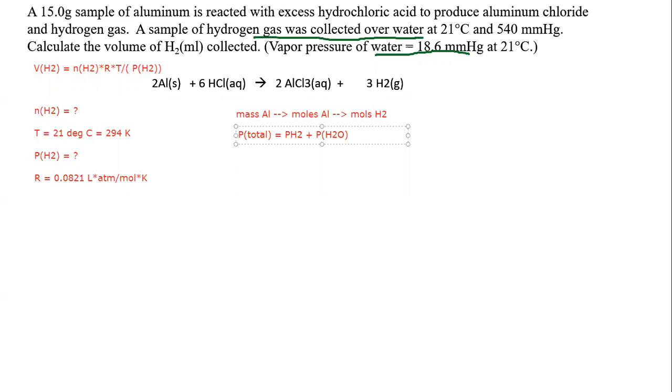So to find the partial pressure of hydrogen, it would be equal to P total minus the water vapor pressure. And at different temperatures, you have different pressures of water vapor. So the partial pressure of hydrogen equals 540 minus 18.6.